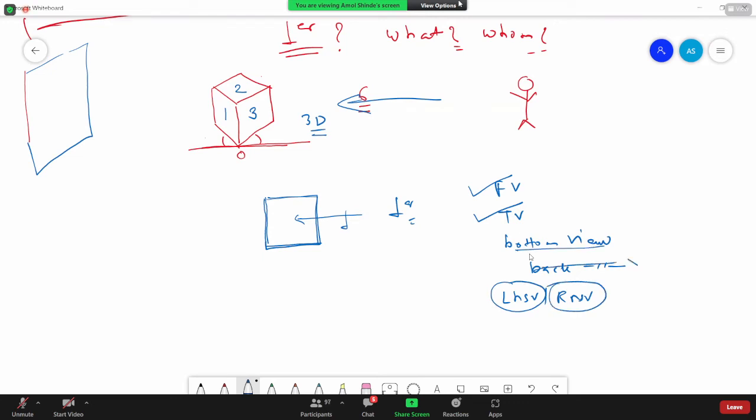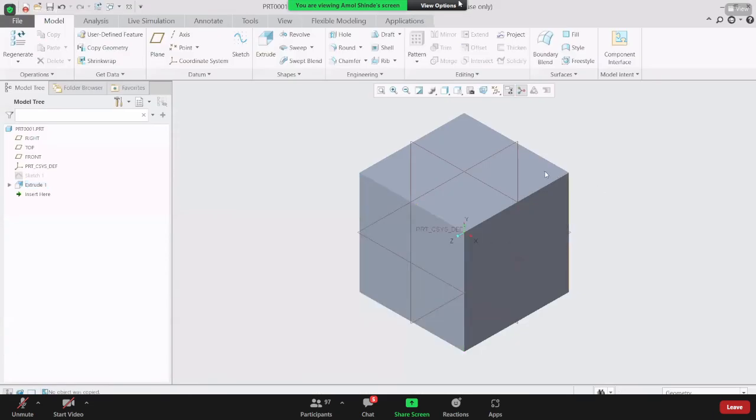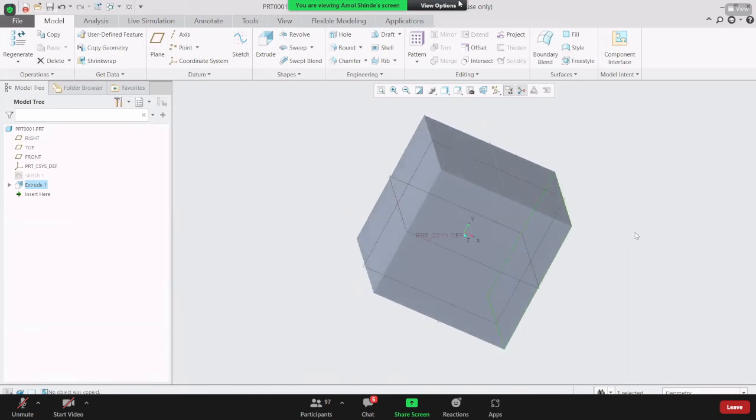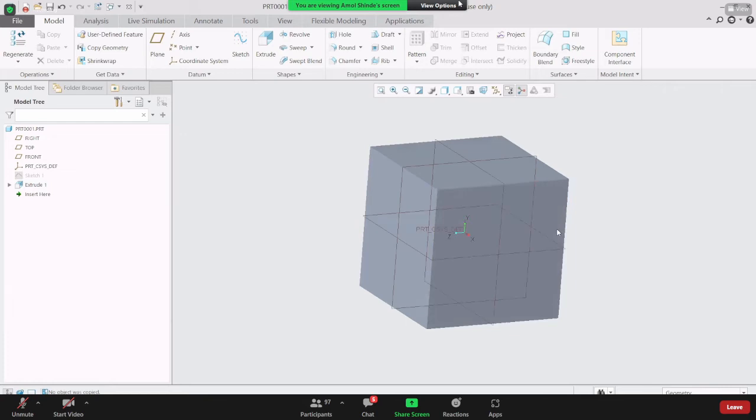Bottom view and back view we generally do not consider, because the front view and the back view are both the same. The top view and the bottom view are also the same. If I see any solid, its front and its back side are the same. That's why we consider only one.